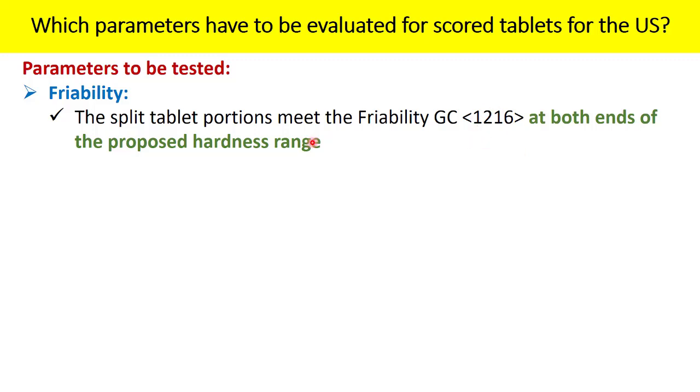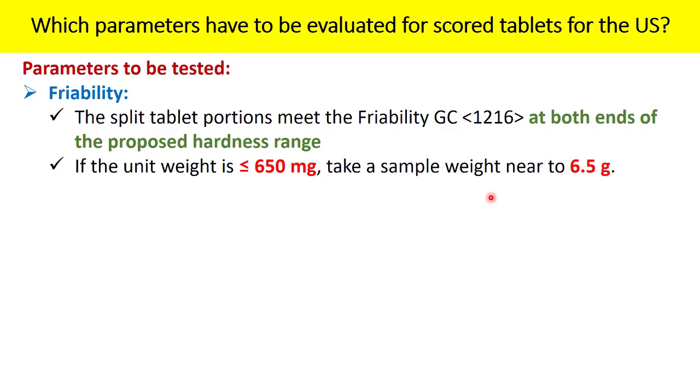So if you are splitting a tablet, then you need to conduct the friability on the split tablet portion at both ends of the proposed hardness range. I hope you remember the way we explained and discussed in the very first parameter, that is the loss of the weight. We took the example of a product with 6 kp to 8 kp hardness, and hence in this case also you need to evaluate the hardness at 6 kp as well as 8 kp.